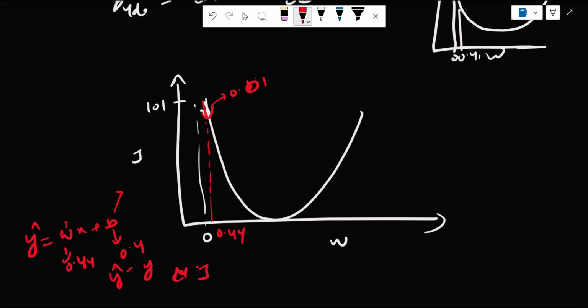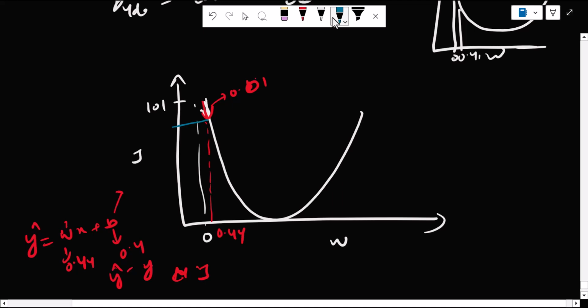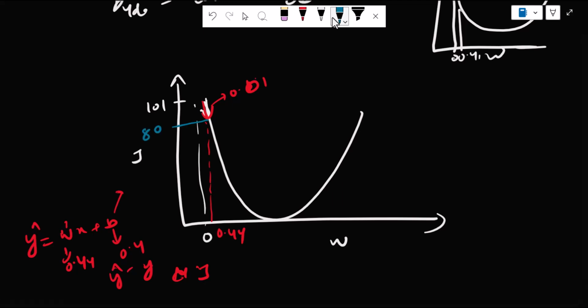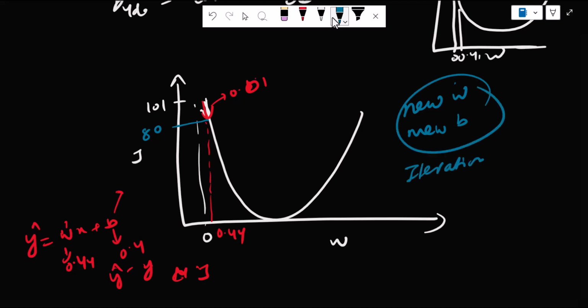So the new cost function, let's say, comes at this point as 80. So it has reduced, but still it is not near 0. This whole iteration of finding new W and new B was iteration 1, and this algorithm is called gradient descent.